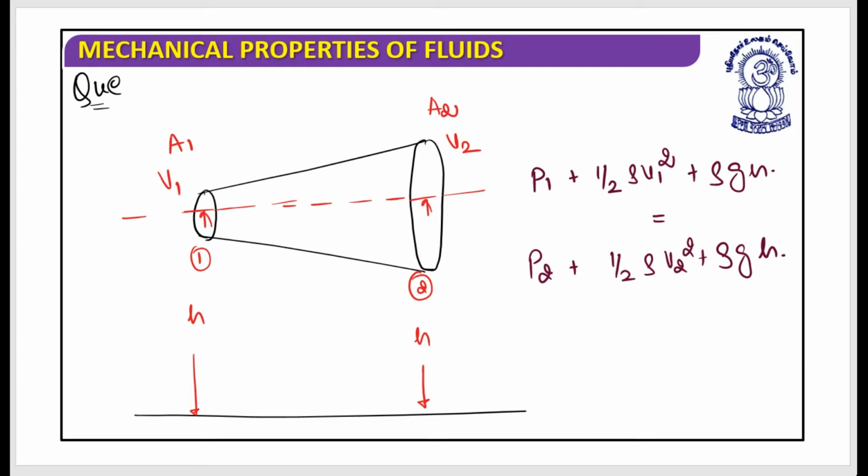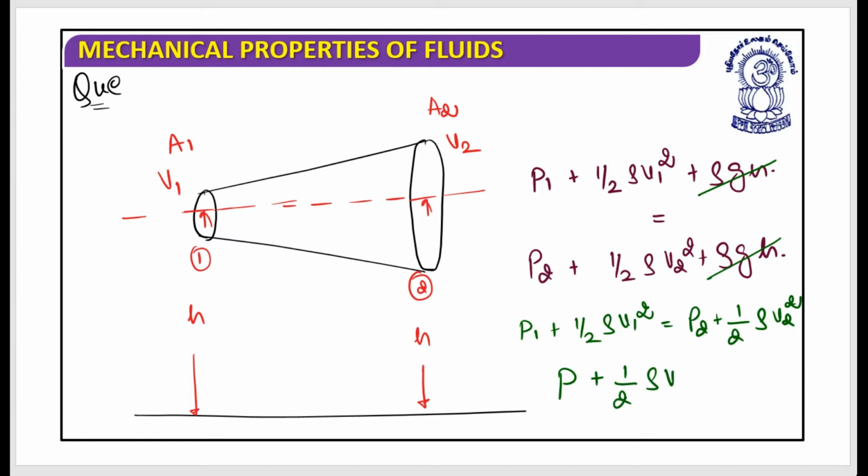When the pipe is horizontal, these two terms cancel, and it would be P1 plus half rho V1 square equals P2 plus half rho V2 square, or I should say pressure plus half rho V square is equal to constant. I hope this is clear. Is it clear?